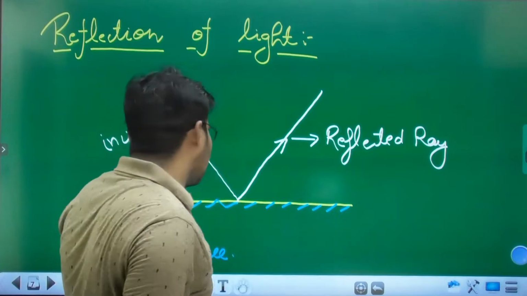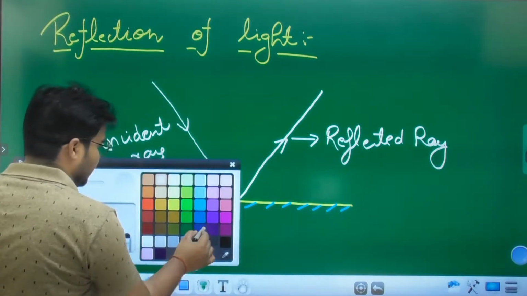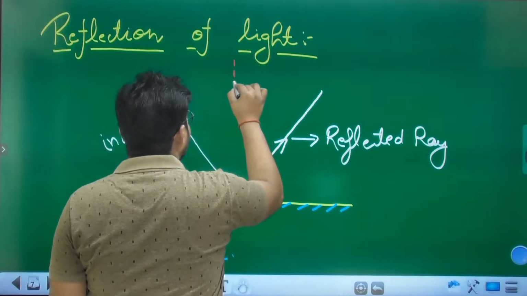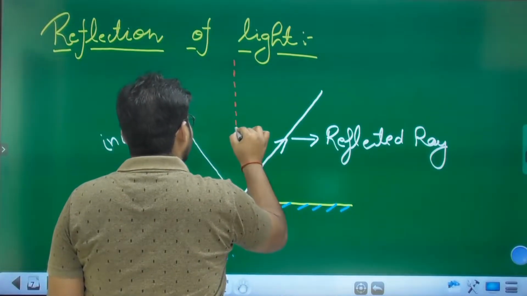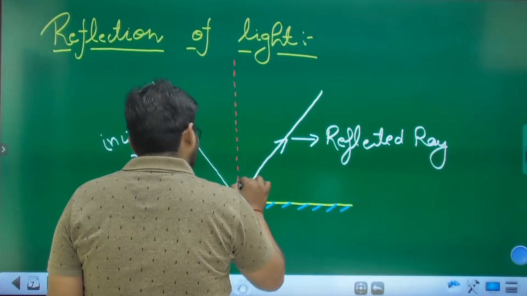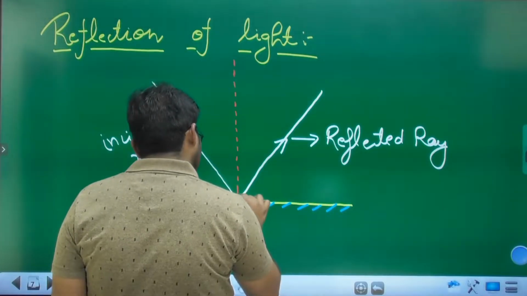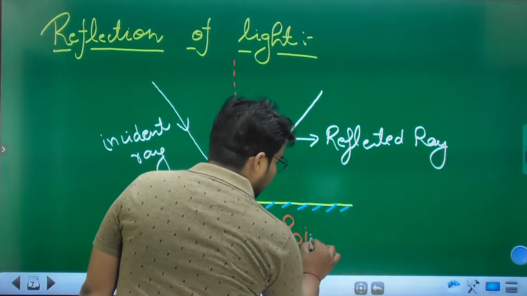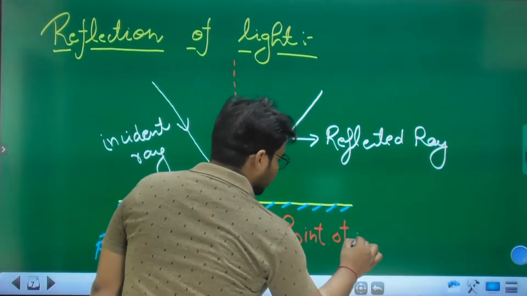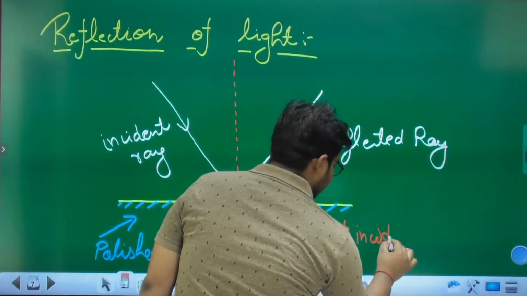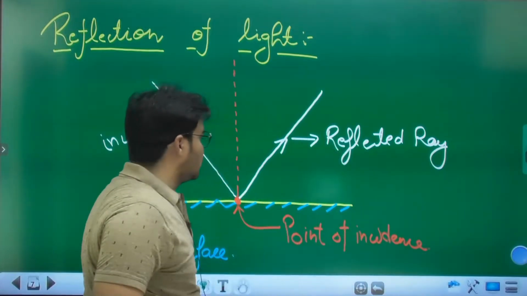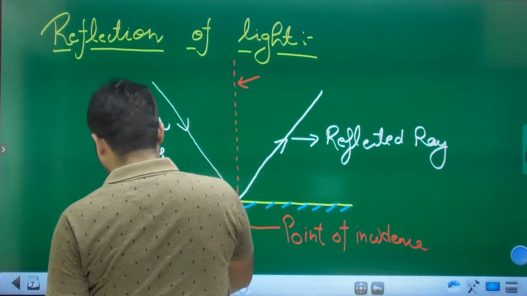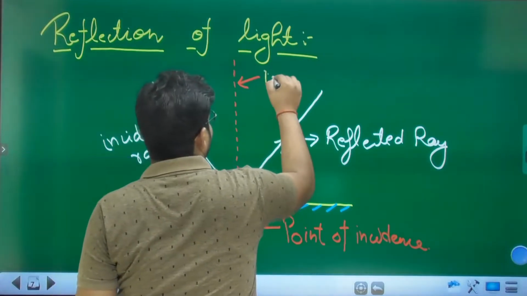Now the third term comes. The third term is the perpendicular line at the point of incidence. This one is your point of incidence, and this one is your normal.